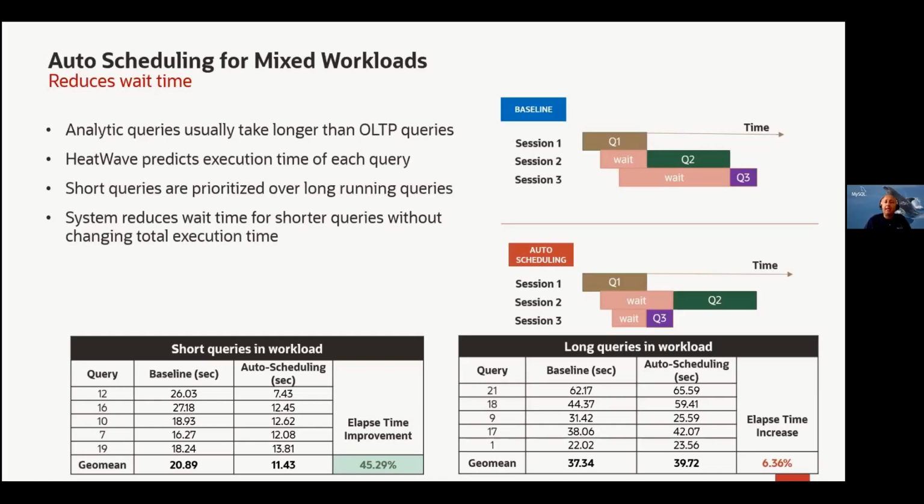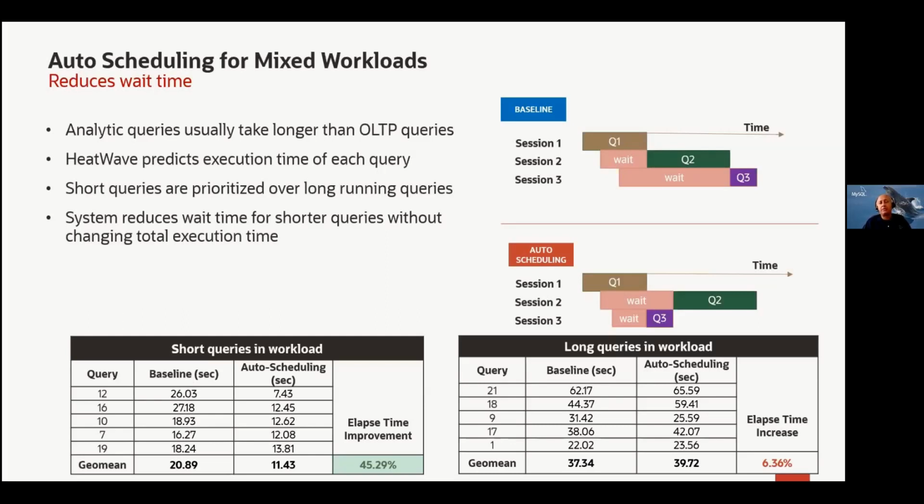That doesn't always work well, because let's assume your query 1 is the longest running query. It's going to take an hour, whereas the rest of the queries are just going to take a minute each. The system is now stuck. It has to execute query number 1, which takes 1 hour, and then the other queries get executed.